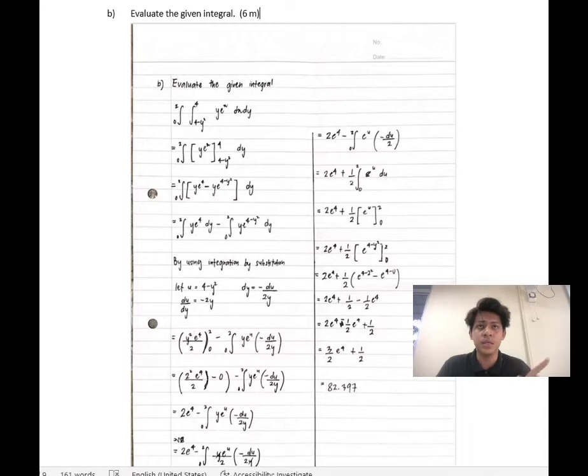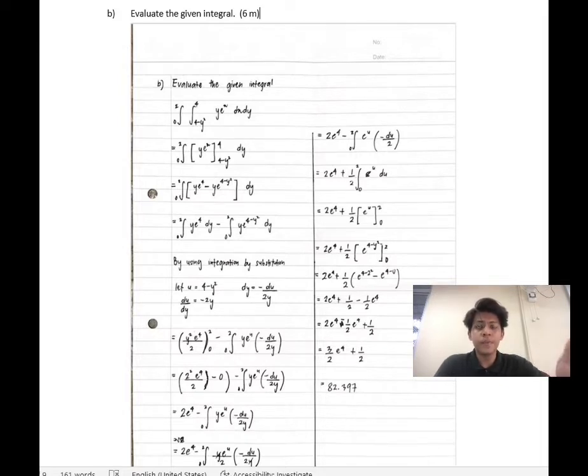Because we just simplify, then we just put in the value of u. Then we replace u with 4 minus y squared in the equation. So the answer that we got is 3 over 2 e to the power of 4 plus 1 over 2.